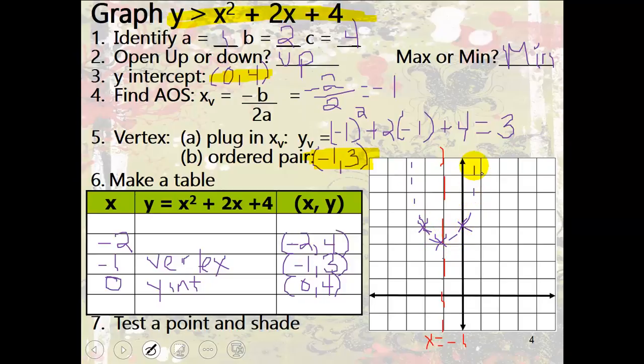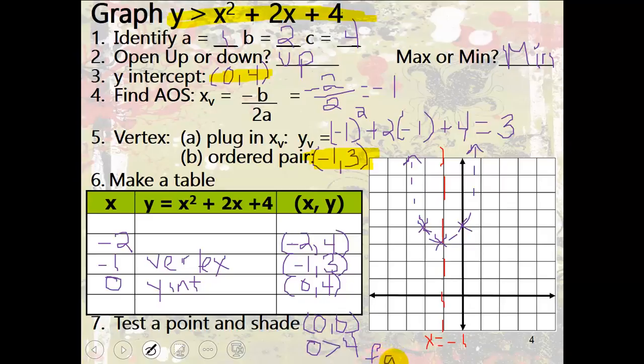All right. I'm at the point where I'm going to test a point. I am going to test 0, 0 this time because it is not on my boundary line. When I plug in 0 for y, is that greater than 0 plus 0 plus 4? Is that greater than 4? No, that's false.